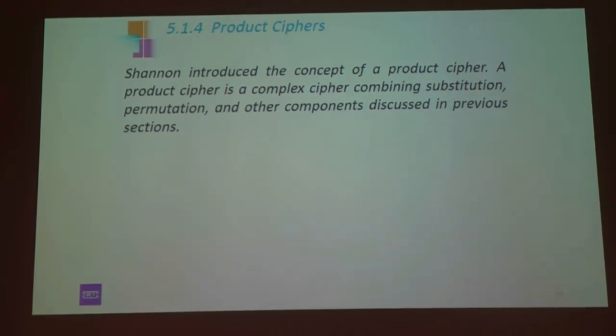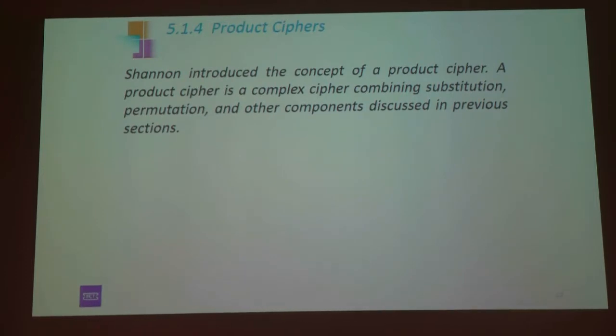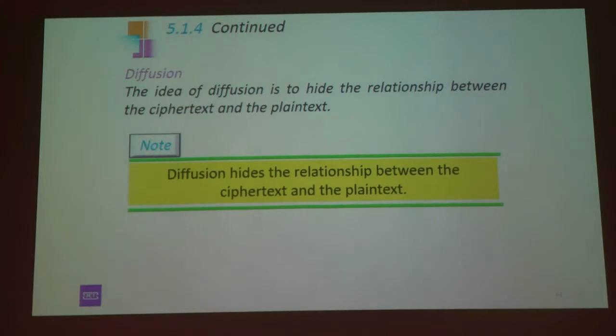Product ciphers. Shannon introduced the concept of a product cipher. A product cipher is a complex cipher combining substitutions and permutations. So what's a product cipher? It combines substitution, permutation, and other components we discussed before.